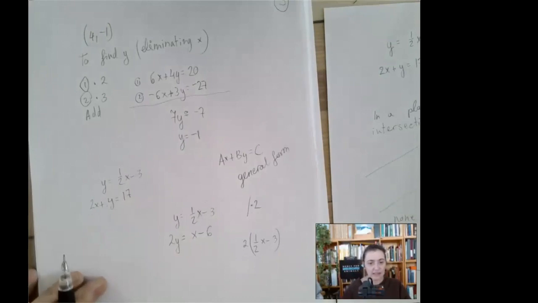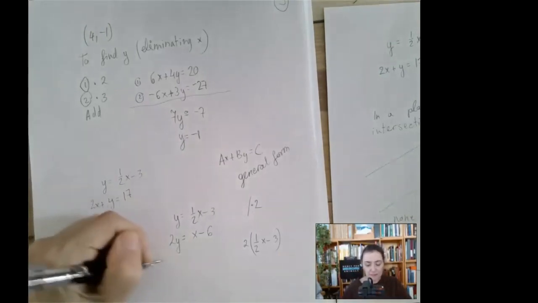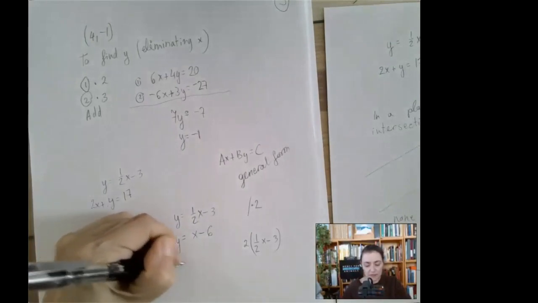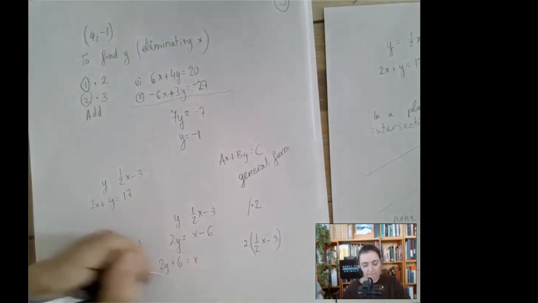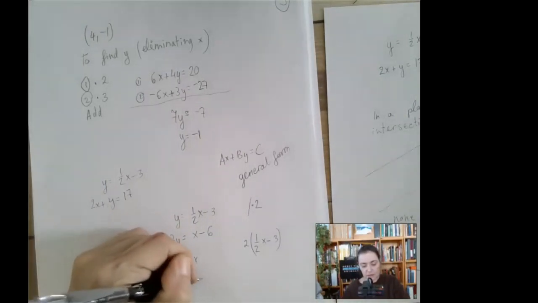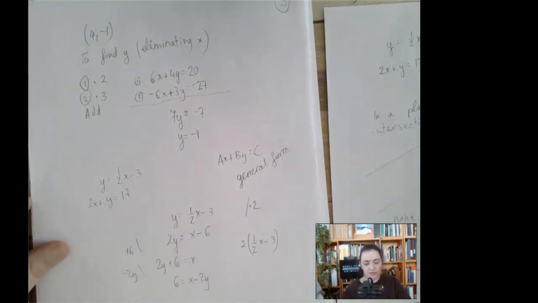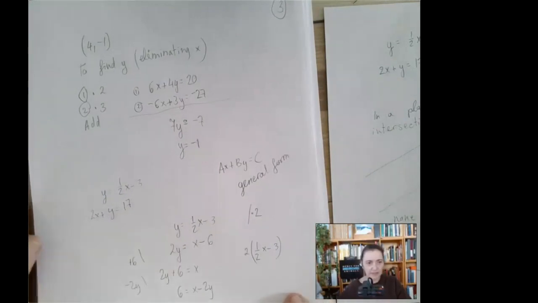So I would say, okay, let's do it so at least that 6 is positive. So if I add 6, 2y plus 6 equals x, and then we subtract the 2y, 6 equals x minus 2y. Of course, we're going to rewrite it as x minus 2y equals 6.